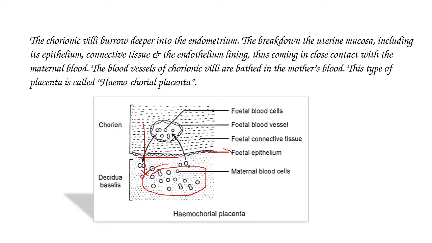As a result, the chorionic villi, along with their blood vessels, are bathed in the maternal blood to draw nourishment for the embryo. So here the placenta is formed by the integration of the maternal blood as well as the chorionic villi of the fetus. Hence the placenta is called hemochorial placenta.